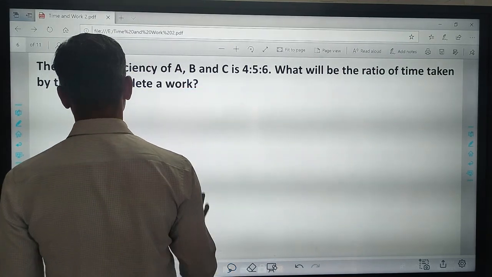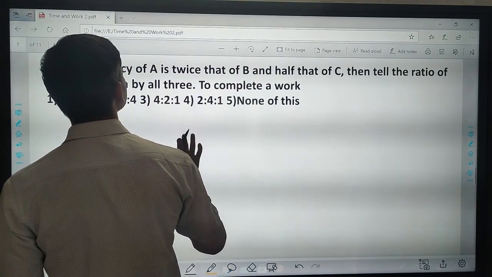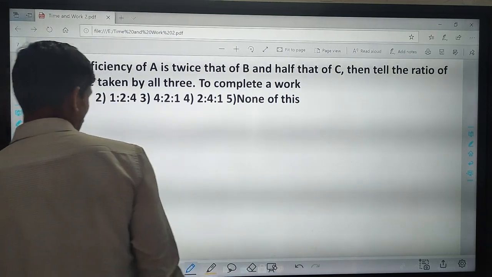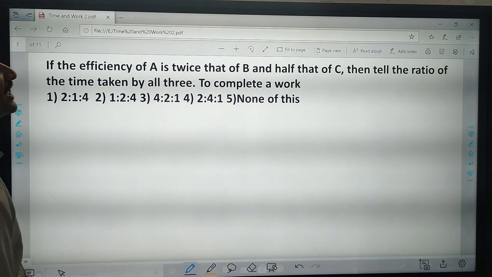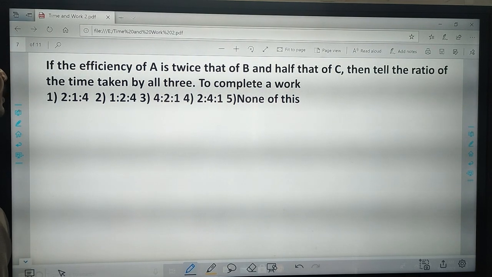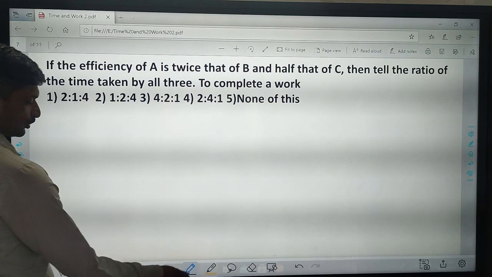Now next. Here the efficiency of A is twice that of B and half that of C. Then tell the ratio of time taken by all three to complete the whole work.